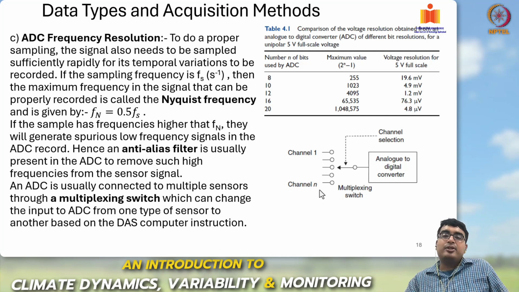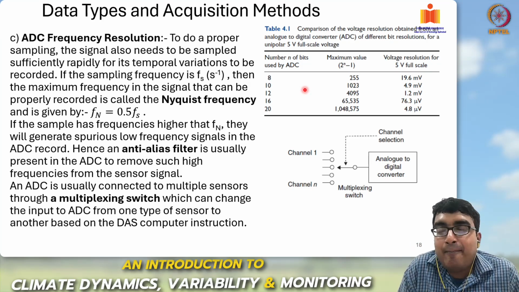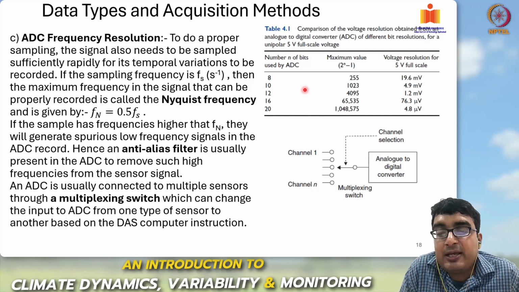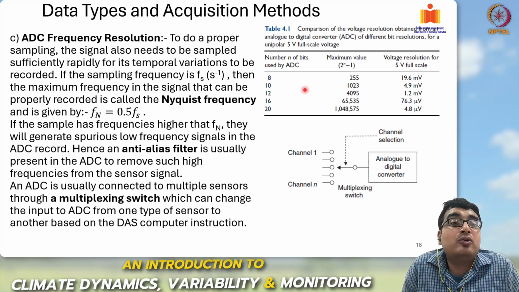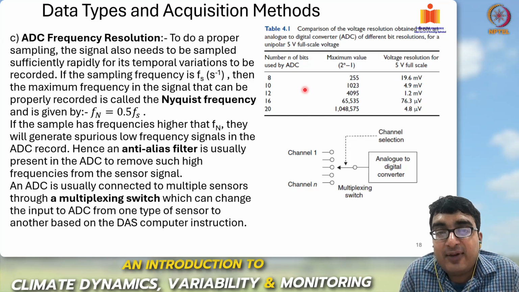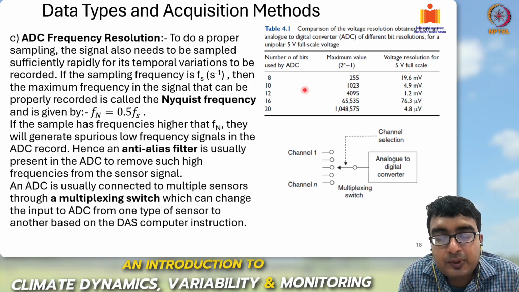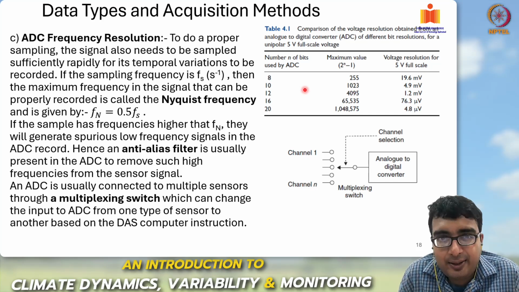Not only is there a resolution of the magnitude, we also have to consider a resolution of the frequency. To do a proper sampling, the signal also needs to be sampled sufficiently rapidly for its temporal variations to be recorded, because the voltage signal may have its own frequency. Is the ADC able to capture that frequency? If the sampling frequency is Fs, second inverse, so suppose it is taking 100 samples per second, so Fs is 100, okay.